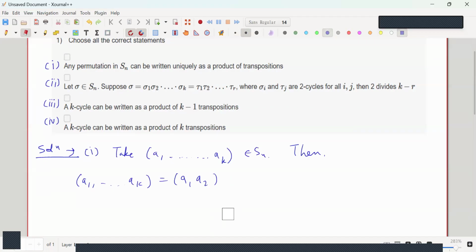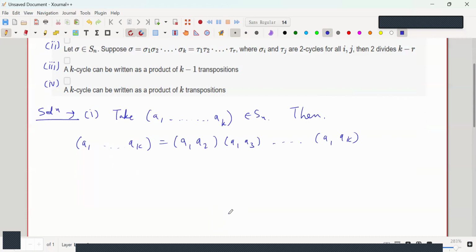I hope you have checked the calculation. Okay. This is A1, AK, right? That's what you mean to say? Or it's the other way. Here A1 is mapping to AK. We should get A1 mapping to A2. So the other way, I think. Right, here A1 is mapping to AK.